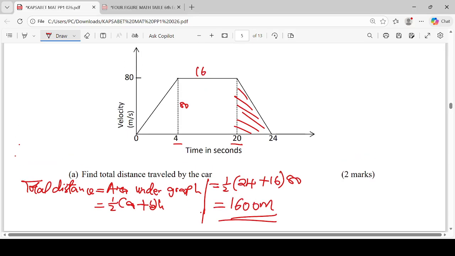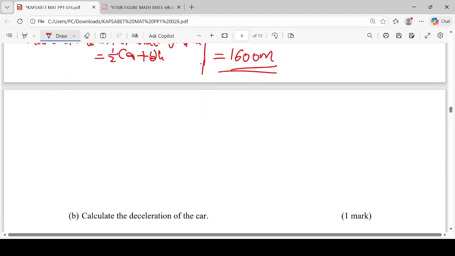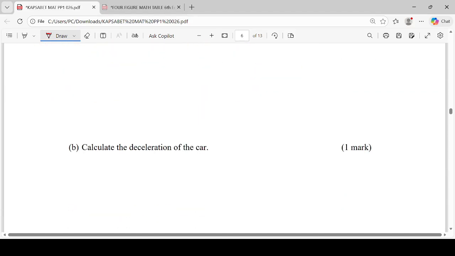Remember, acceleration is equal to final velocity minus initial velocity divided by the time taken.